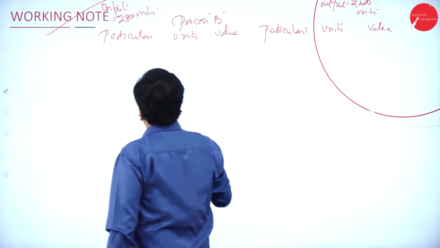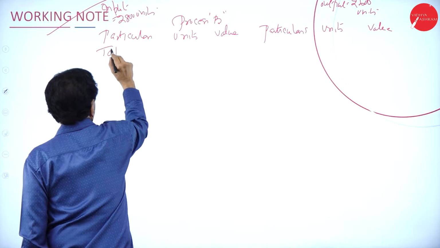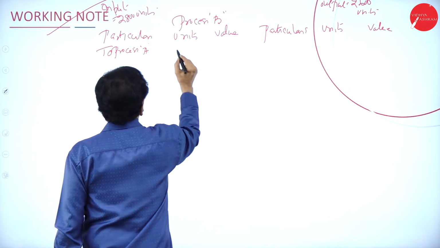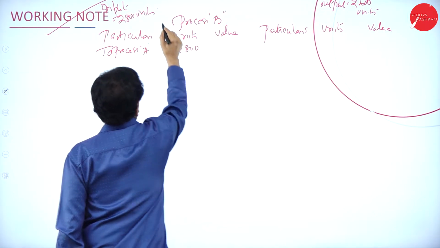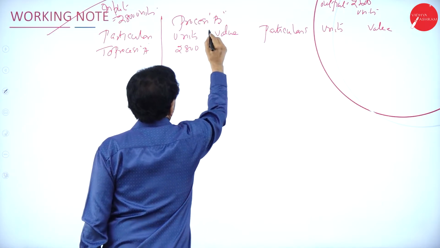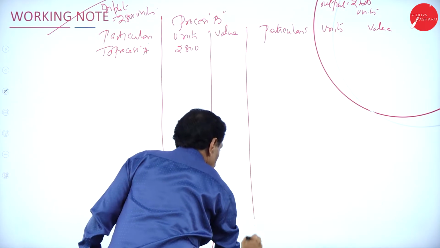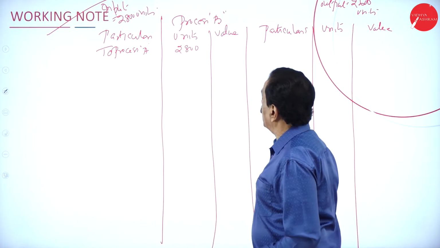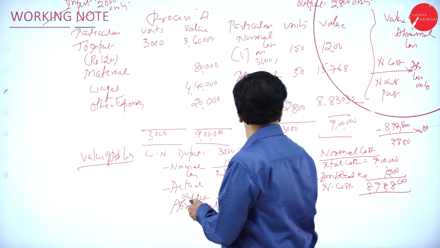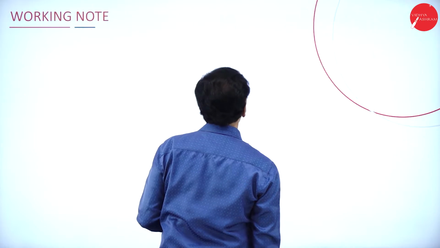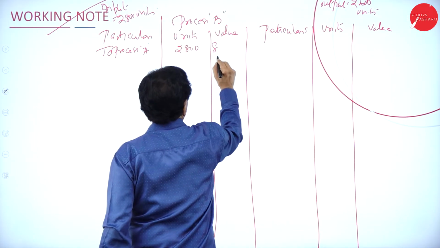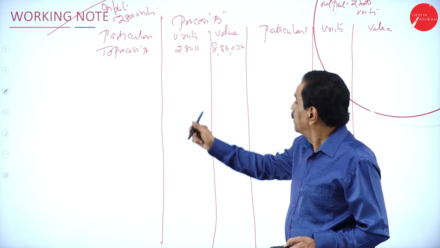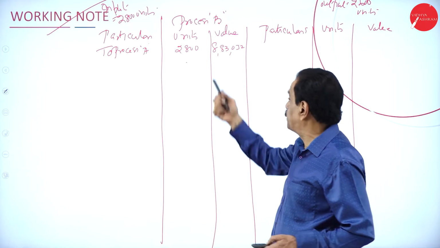Transfer entry, to process A, how many units? 2,800 units. What's the value? 8,83,032. Transfer from the last process. So we have got 2,800 units here which have been transferred here.